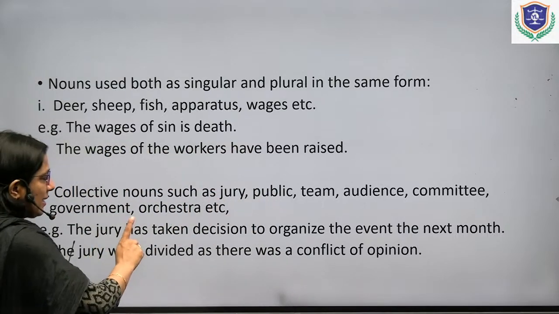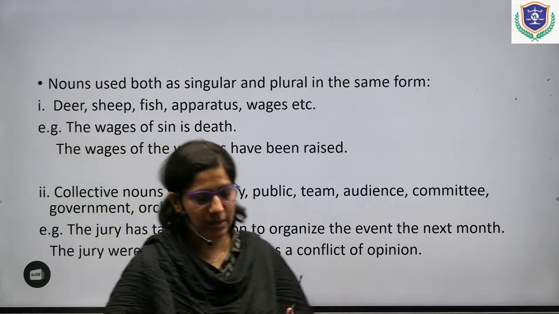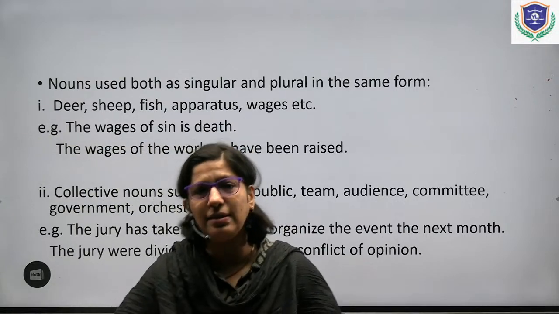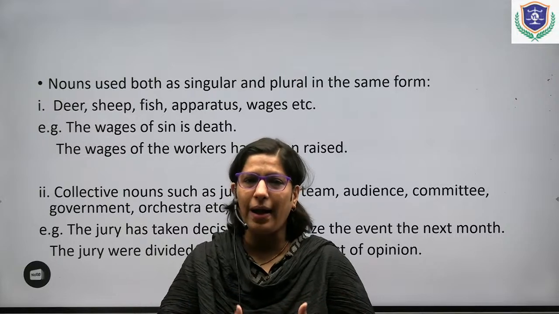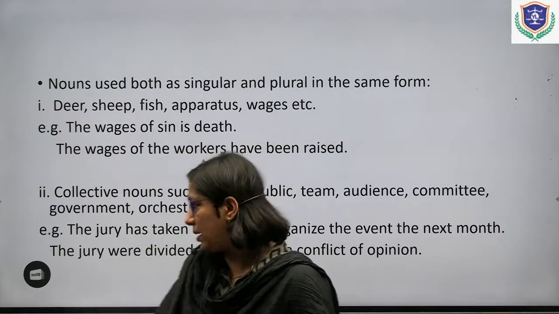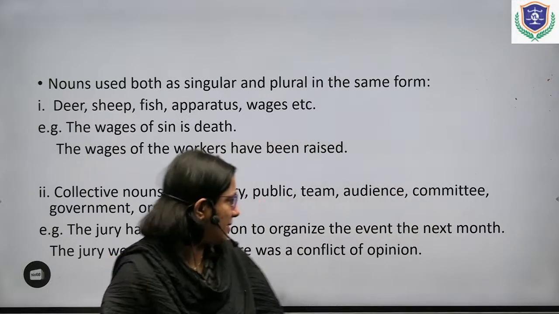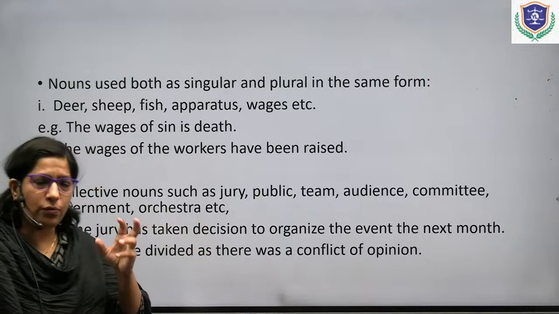The jury has taken a decision to organize the event next month. That is, there is a unanimous decision by the jury as a whole, which has said that the event will be organized. The jury were divided as there was a conflict of opinion.